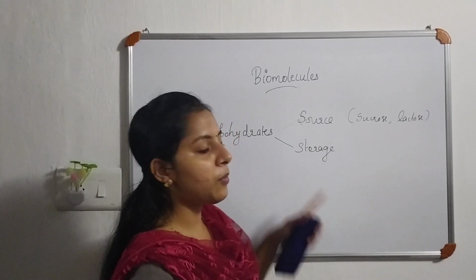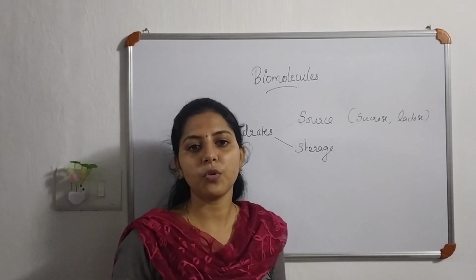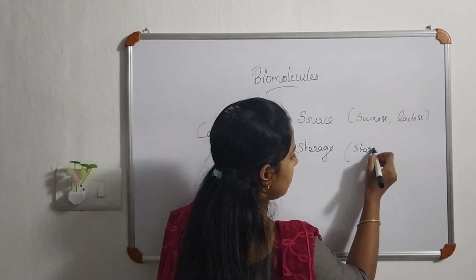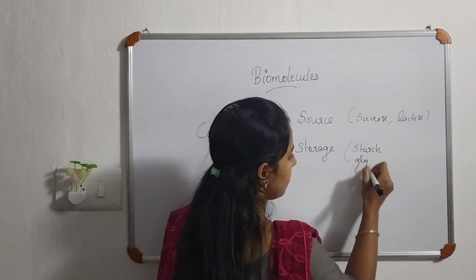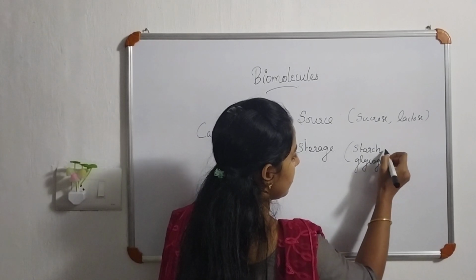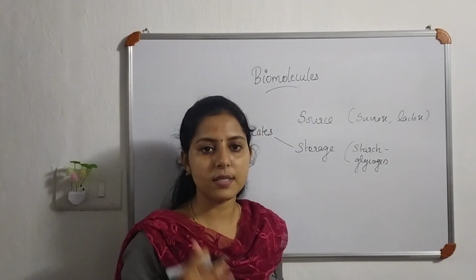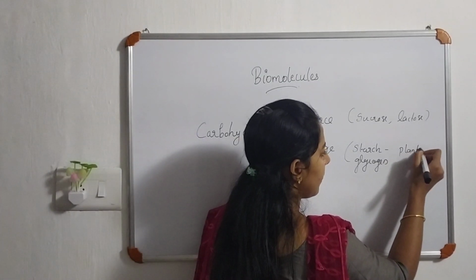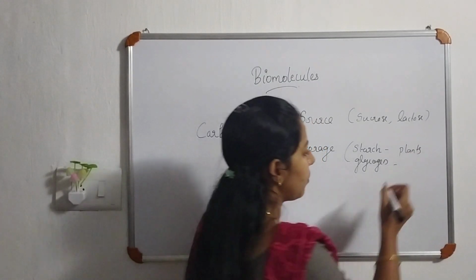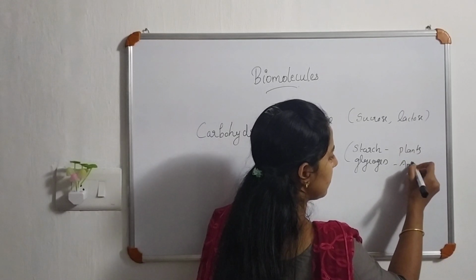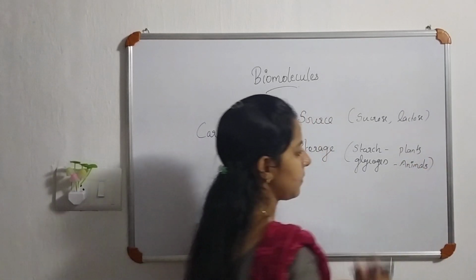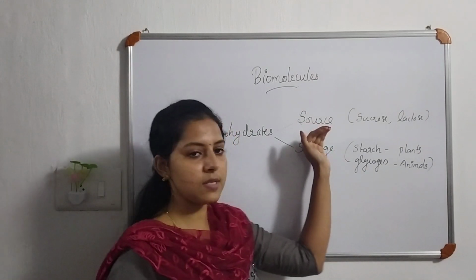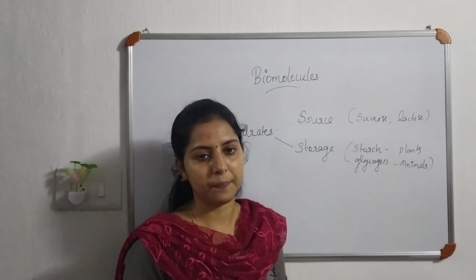Again, carbohydrates can act as storage molecules of energy like starch and glycogen. Starch is the storage molecule of energy in plants, and glycogen is the energy storing molecule in animals. So this is the main biological action of carbohydrates: it can act as a source as well as storage of energy.